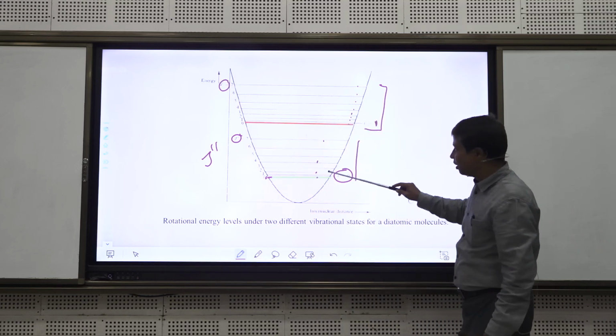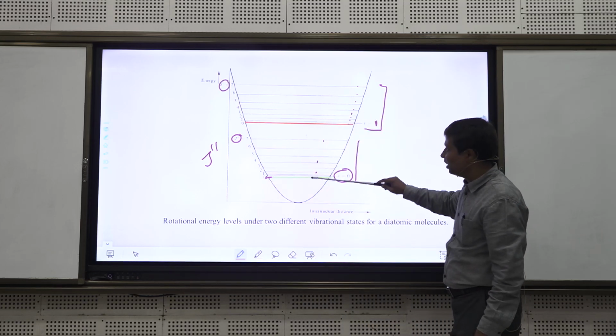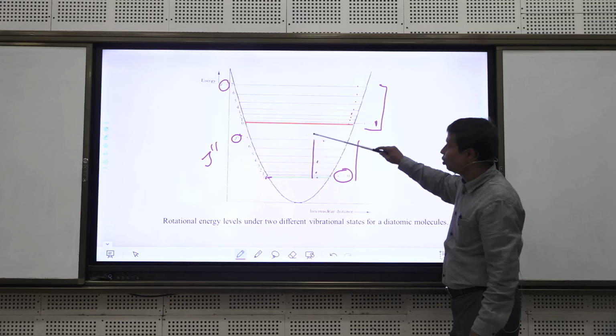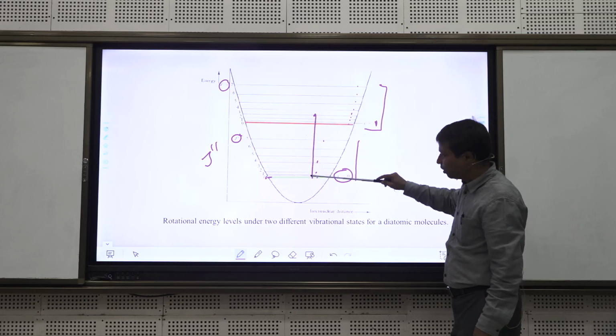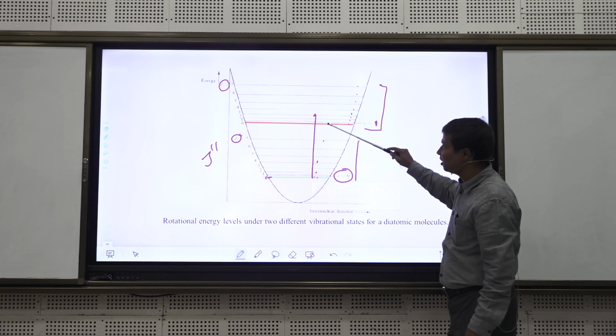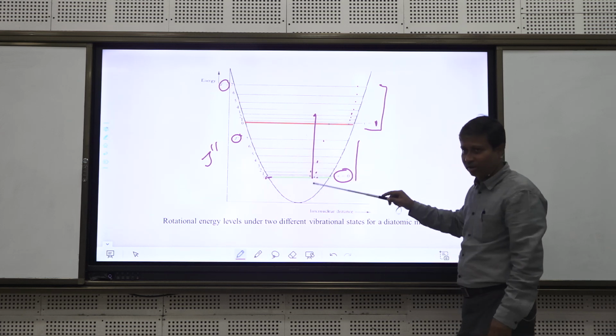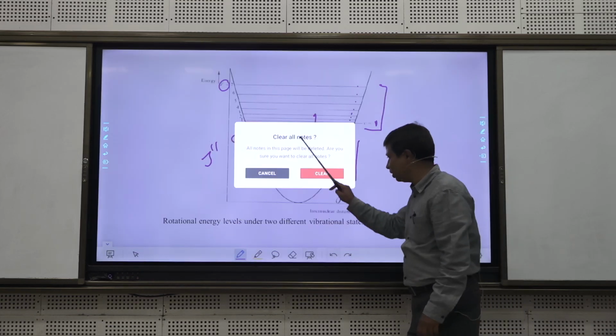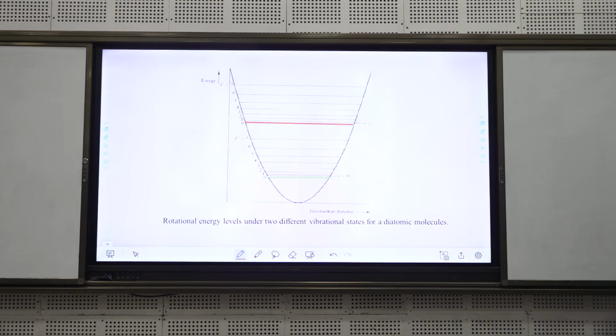So now we are thinking of a transition from one state to another. Whenever you are talking about a transition from one vibrational level to another, your rotational energy levels also get involved. That is what we will now show. The next figure is taken from a manual book.